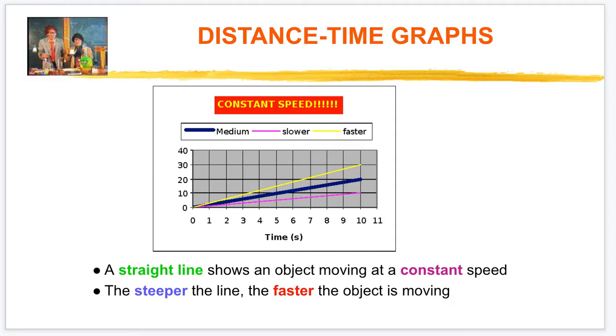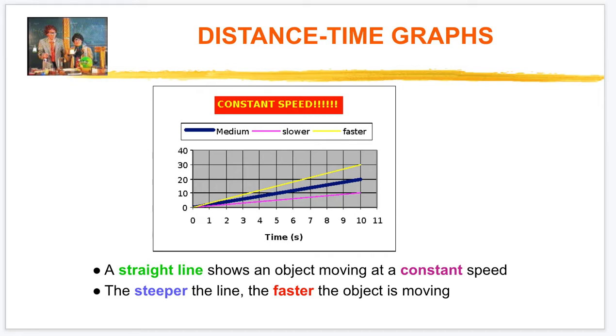So if you are a runner, you try to have a constant speed. Most of the time you get a little slower, get a little faster. There probably are times where you're constant. If you are riding in a car and they have cruise control, that helps you ride at a constant speed because it holds your vehicle at that speed, so it stays constant, 55 miles an hour.